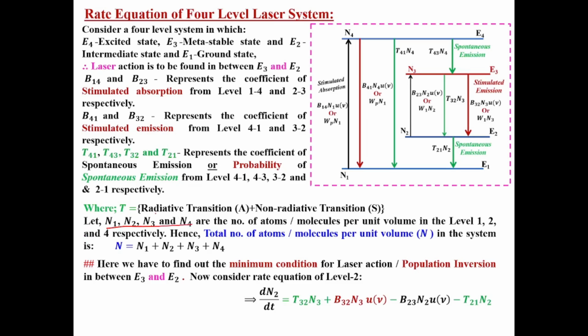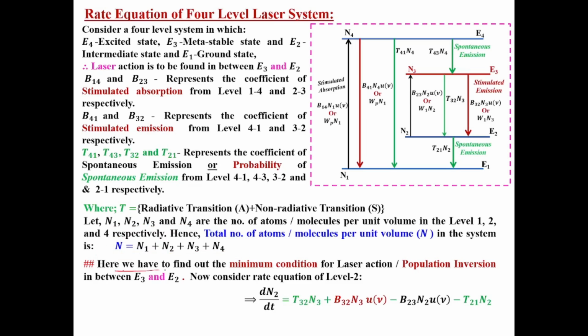N1, N2, N3 and N4 are the concentrations, or number of atoms, as I discussed. So the total number of atoms in this system is equal to the sum of all the atoms or molecules per unit volume in levels 1, 2, 3 and 4. So N, the total number of atoms, is equal to N1 plus N2 plus N3 plus N4. What is our objective in this topic?